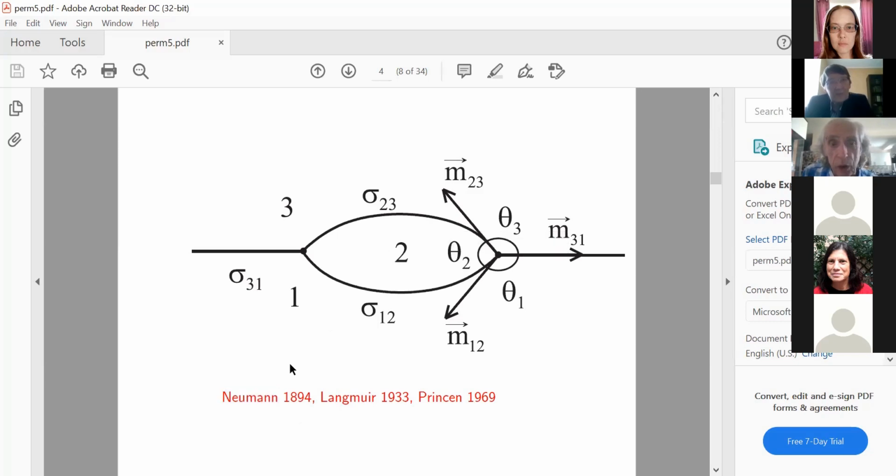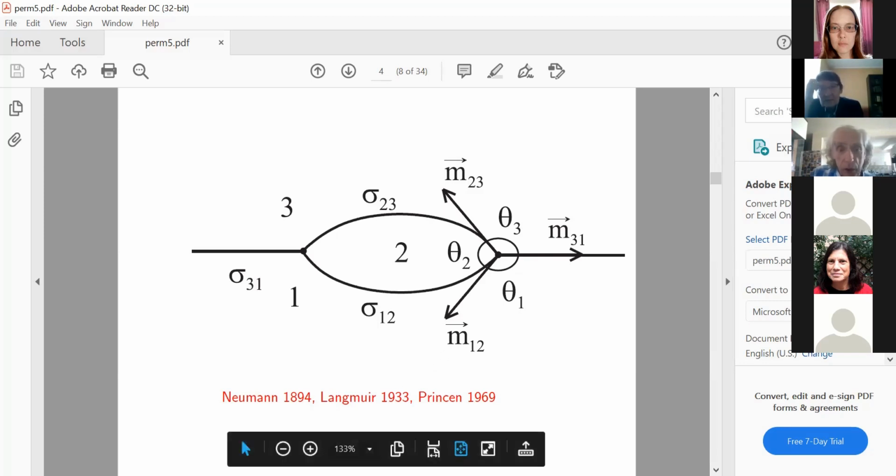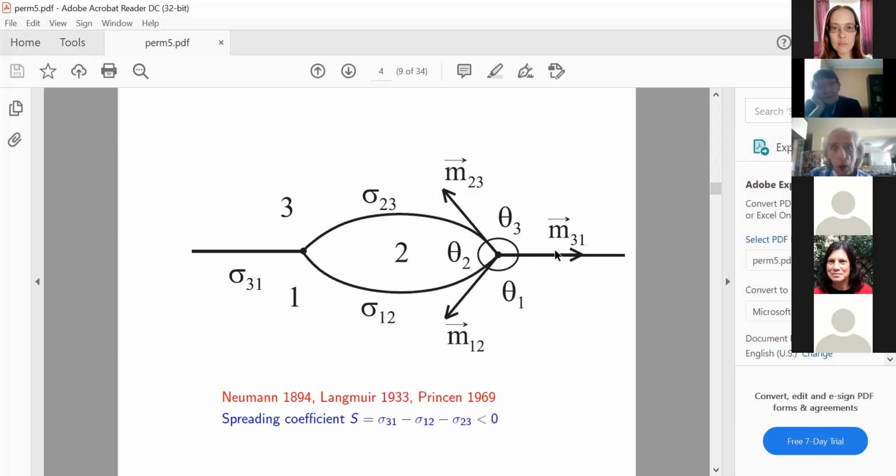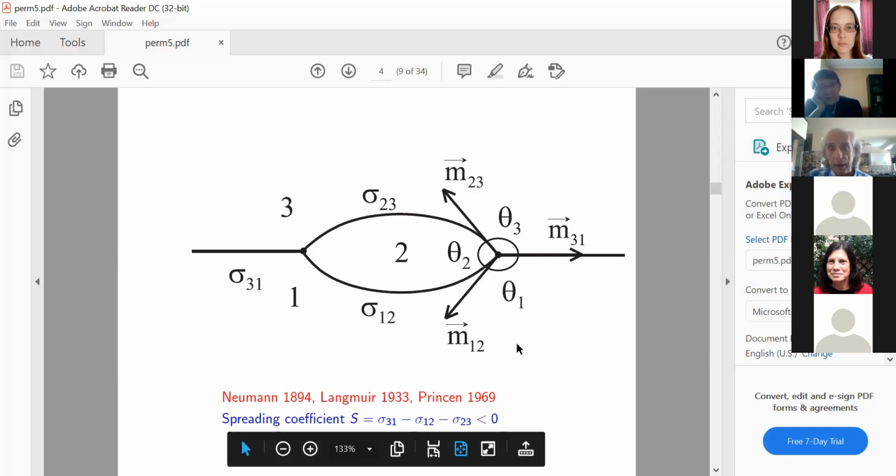This situation, which is shown on this figure, is sometimes called partial wetting. And there are conditions for the existence of this balance of capillary stresses. There are 3 conditions, of course, but the most important condition is the condition of a negative spreading coefficient.